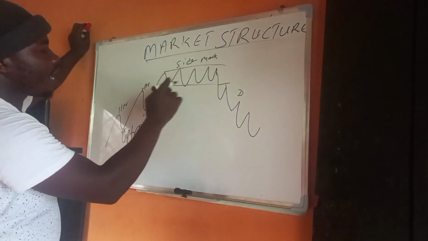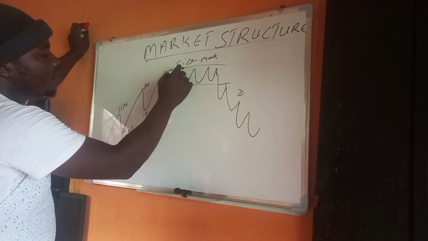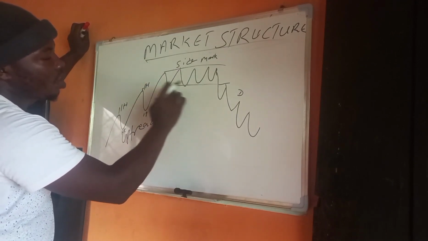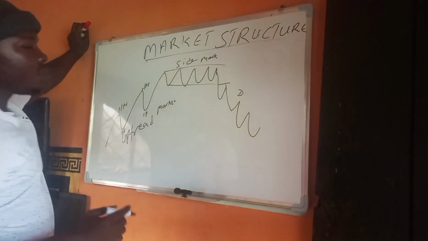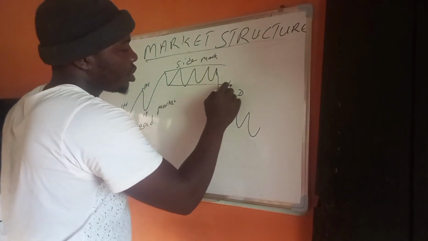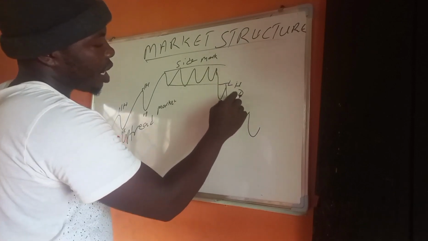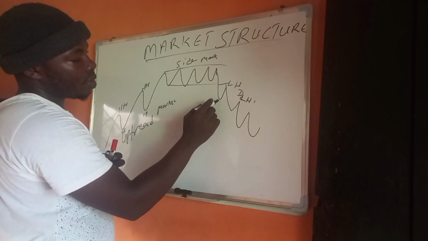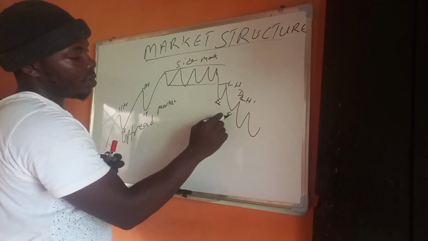But if you watch here, the market is not trading above each other. It has equal highs and lows. Here, you can see, is a lower high, and here a lower high. This place is called a lower low, and here a lower low.